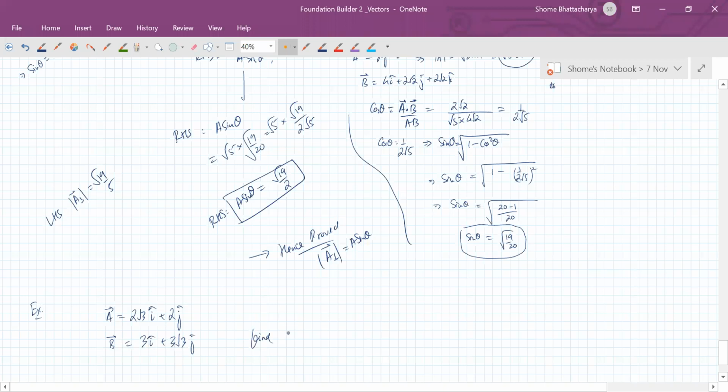Now we want to find A parallel and A perpendicular, that is the projection of A on B and the projection of A perpendicular to B. Just work this out quickly, people.